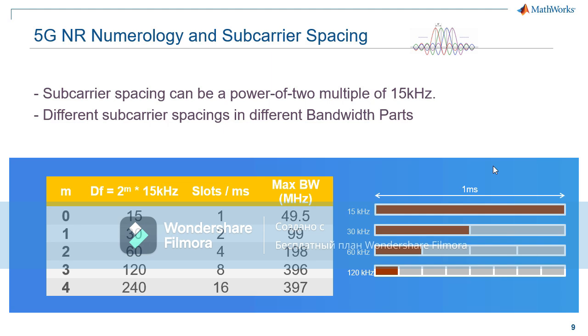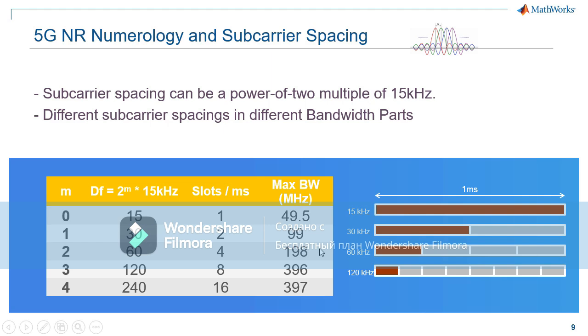Now, we have a duality between time and frequency, which means that if your subcarrier spacing is short, the duration in time is long. So for 15 kilohertz, you have a 1 millisecond slot in time, and as you increase subcarrier spacing, the slot in time reduces in size. But the minute we use multiples of subcarrier spacing, we achieve immediately higher bandwidth.